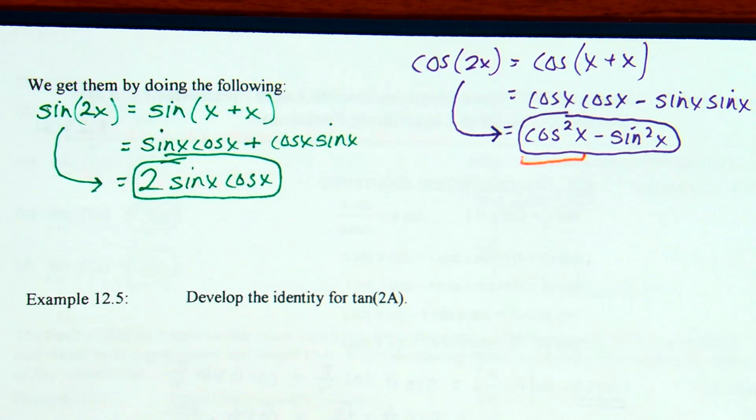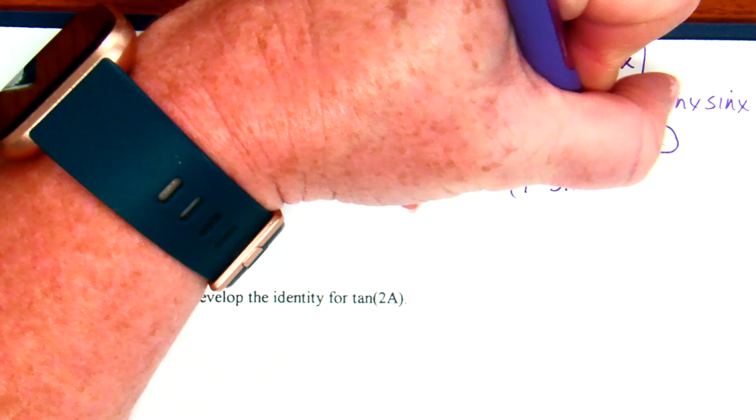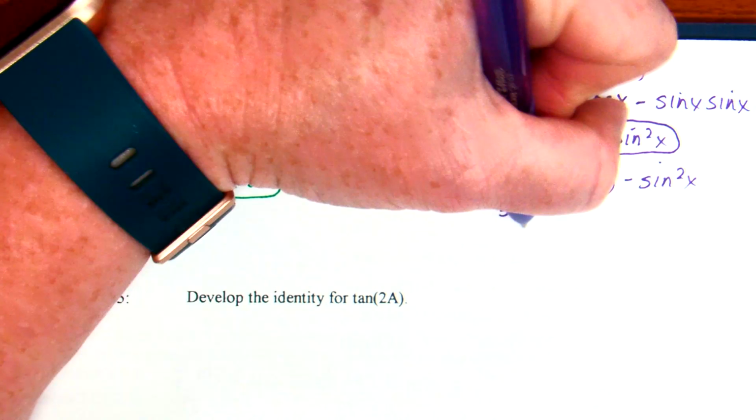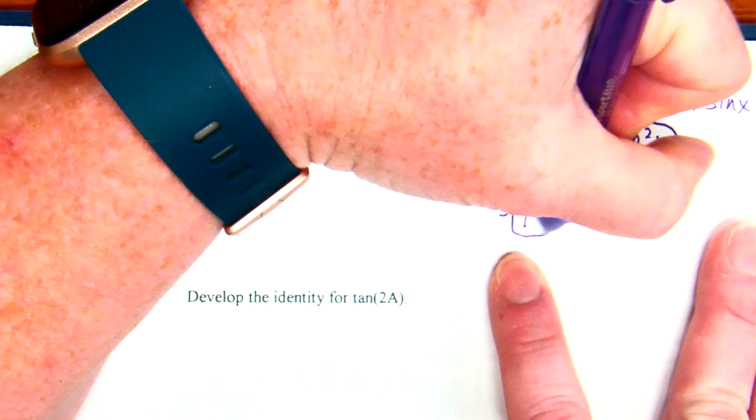So if I take this and I rewrite cosine squared x as 1 minus sine squared x, and there's already a minus sine squared x, what's 1 minus sine squared x minus sine squared x? 1 minus 2 sine squared x. Hey, guess what? That's another one of our ways to write this double angle identity.